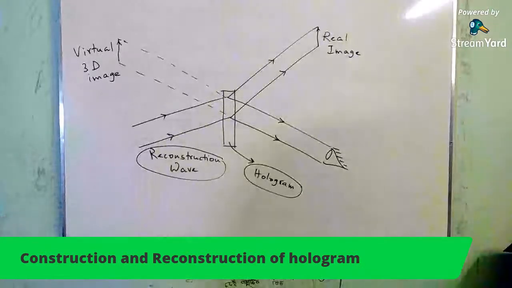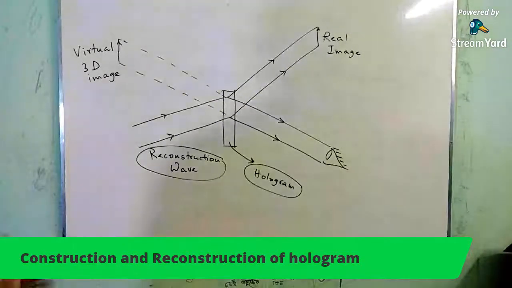For reconstructing a hologram, what we need is a reconstruction wave. Now, what is the reconstruction wave? The reconstruction wave is usually of the same wavelength as the original wave we used while recording the hologram.